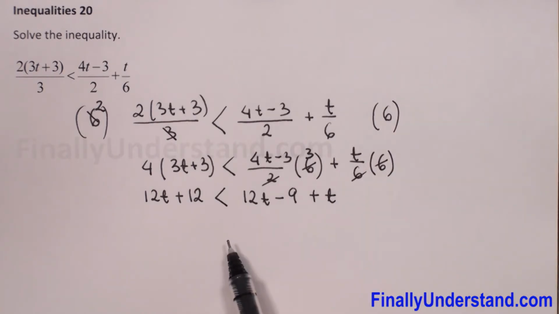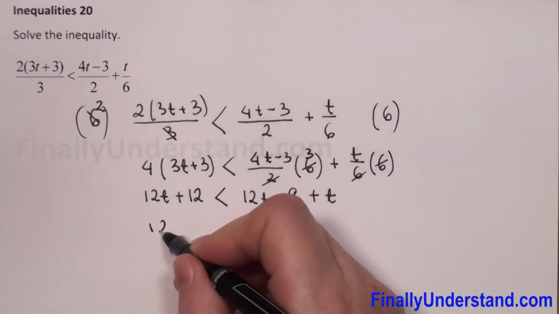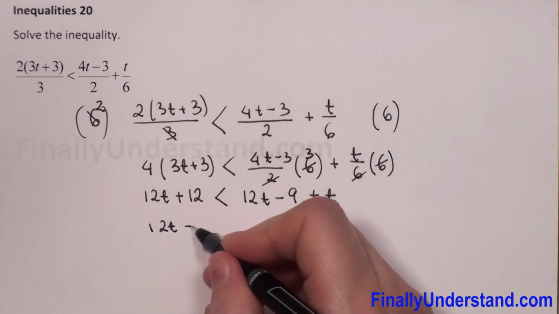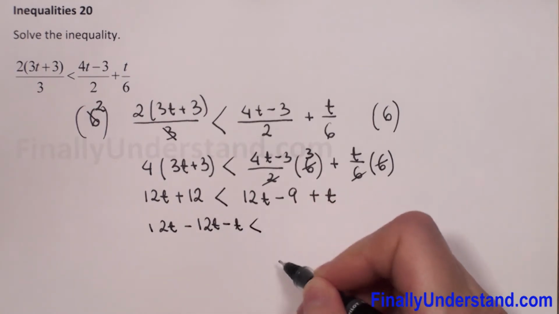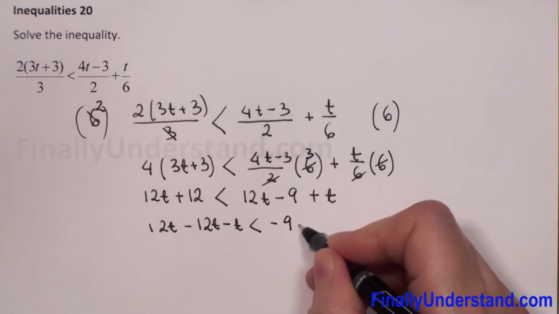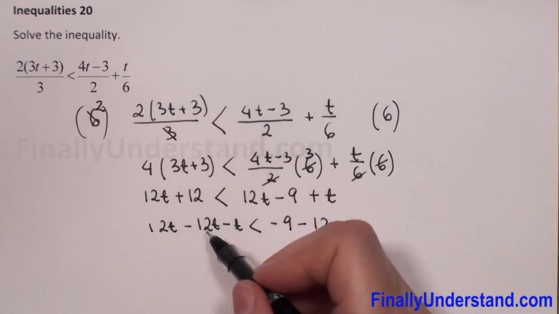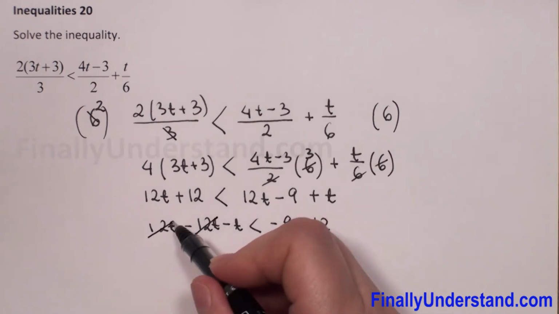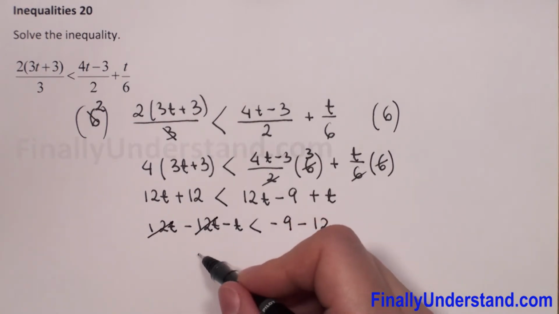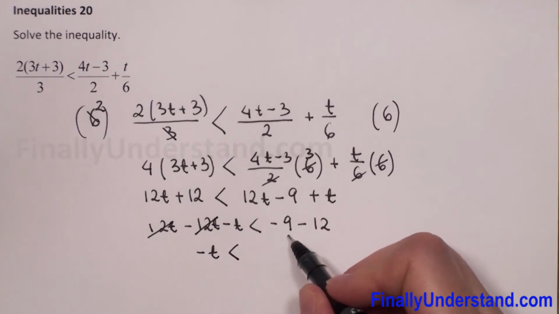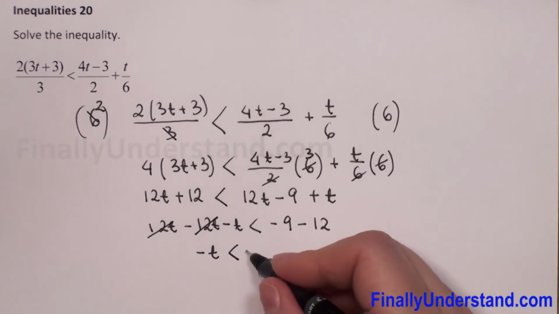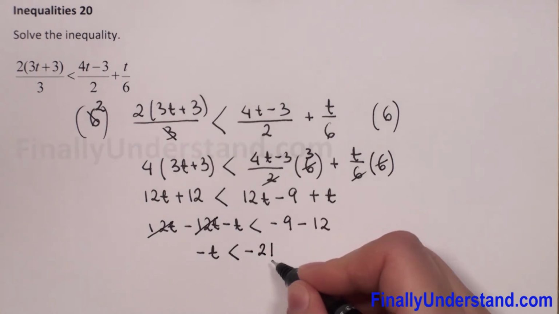Now I have to collect all terms with t on one side. So it will be 12t minus 12t minus t is less than negative 9 minus 12. Negative 12t and 12t will cancel, and I have negative t is less than negative 9 minus 12, which is negative 21.